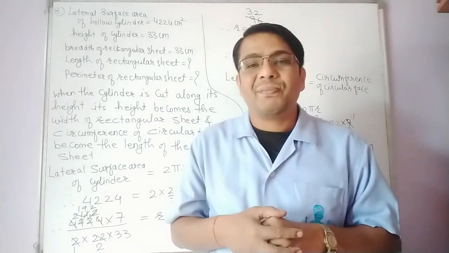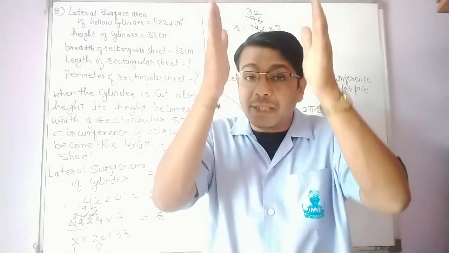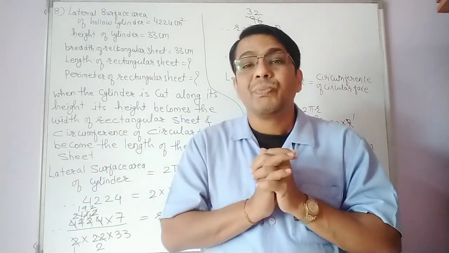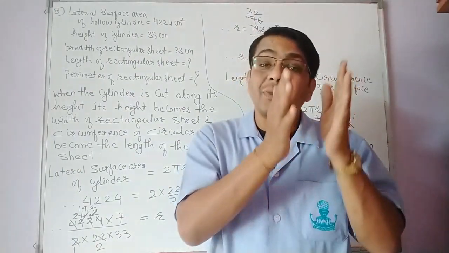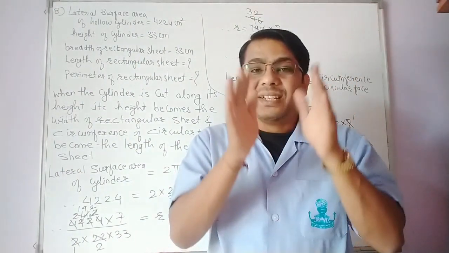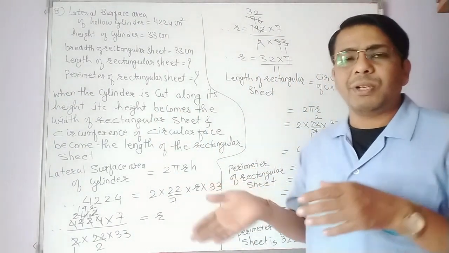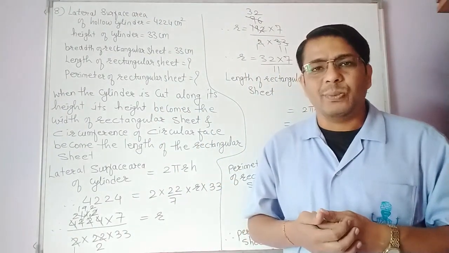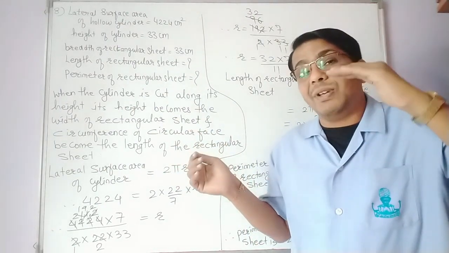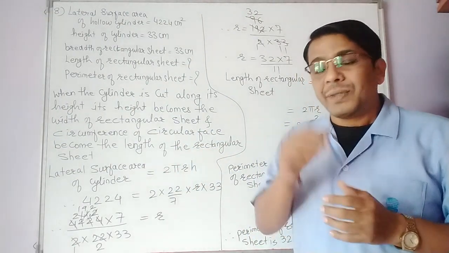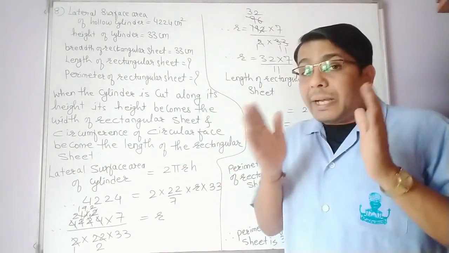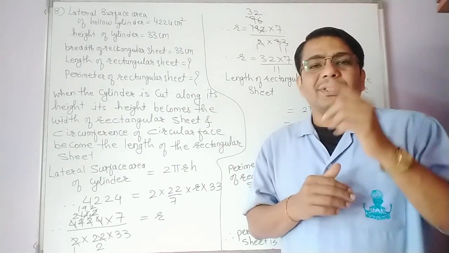So first prepare the plan, what we need to do, what is given, and from that, what we need to do. Then it becomes easy to solve such types of examples. Now same examples will be continued in 10th standard also. So the difficulty level will be slightly high. Okay, so prepare the plan and solve the examples.